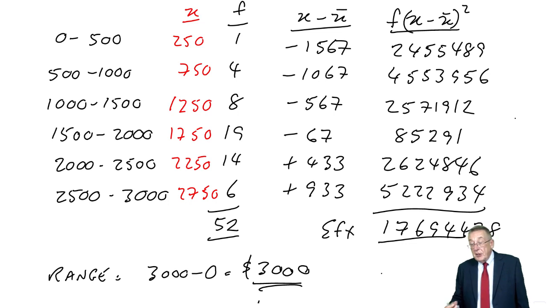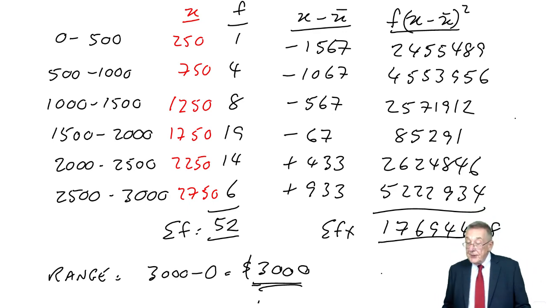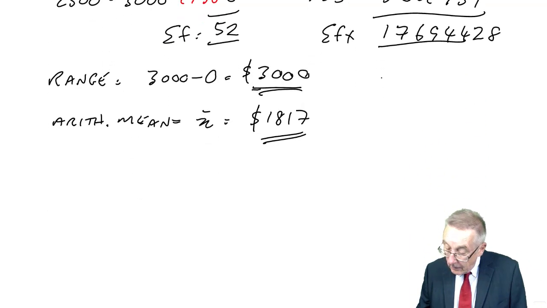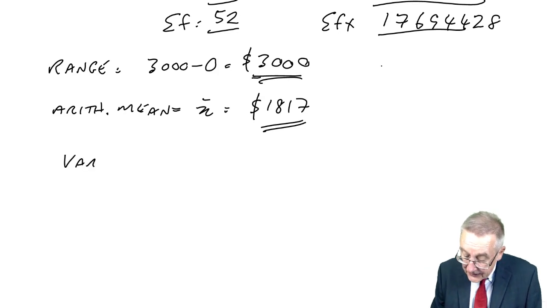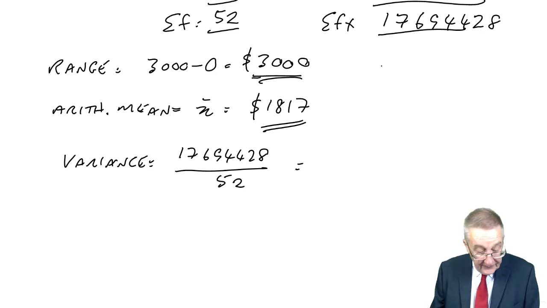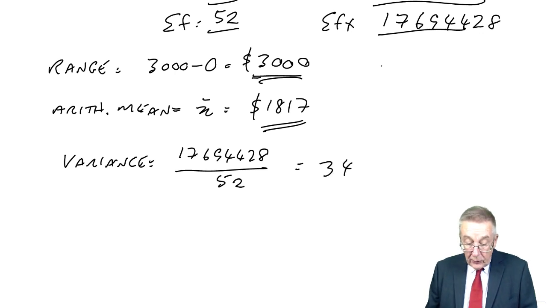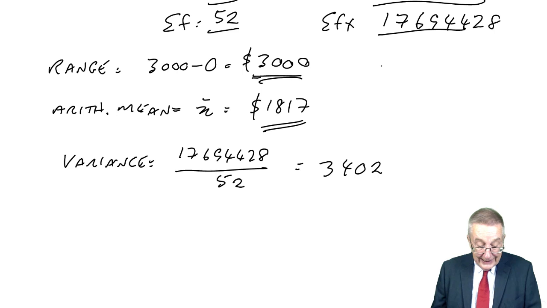And so to get the average of these squares, the variance, divide by the total number of observations, sigma f. The variance: 1769448 divided by 52, 340,277.